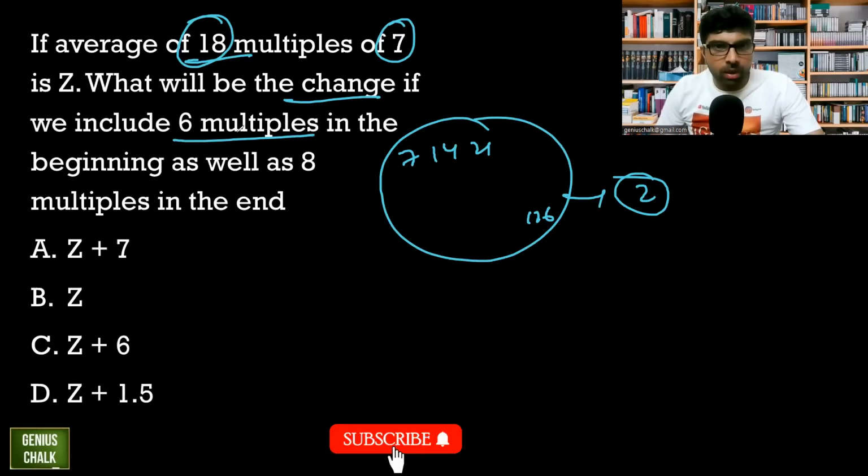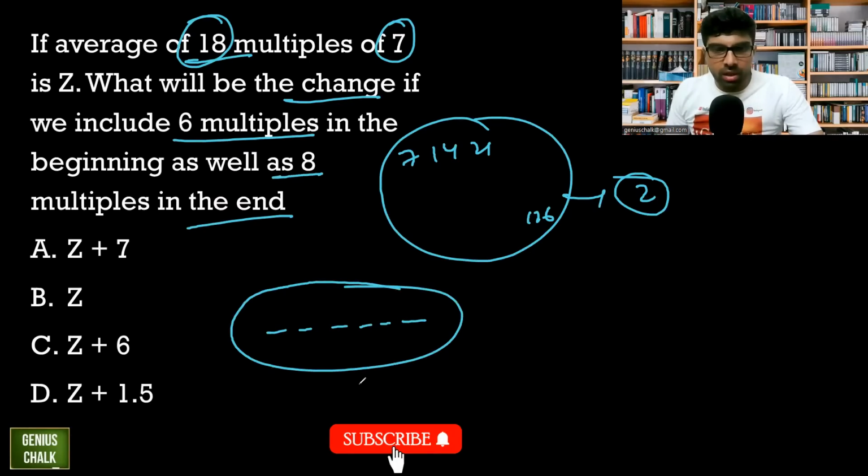If we include 6 multiples in the beginning, right, and 8 multiples at the end, you know that if I have a series, the logic is if I add from here, and if I add from here, the impact is same.